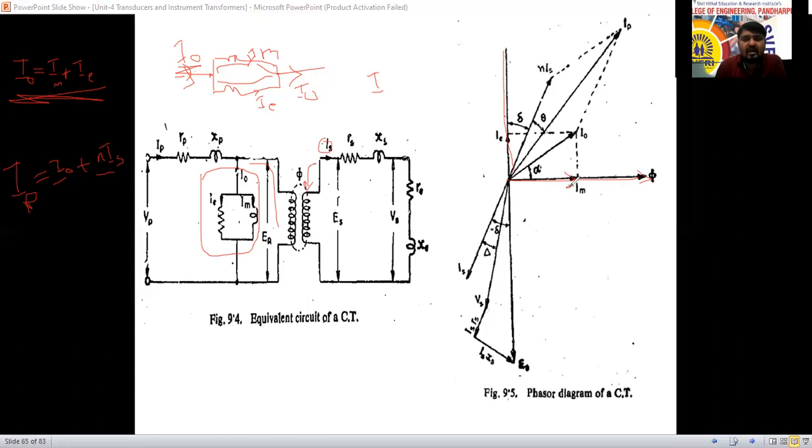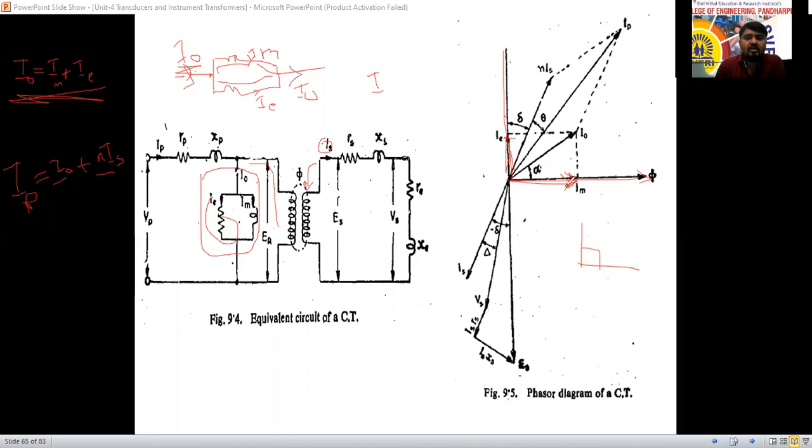So I will draw IM here, up to here. The difference between the magnetizing current and the resistance current should be 90 degrees. That is the external component current, so I will draw it here as IE.